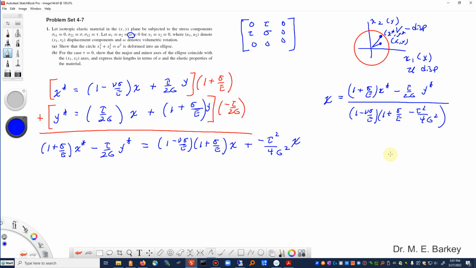All right. Let's save that page. I'm going to keep this on here, and then we're going to do something similar, and we'll solve for y.